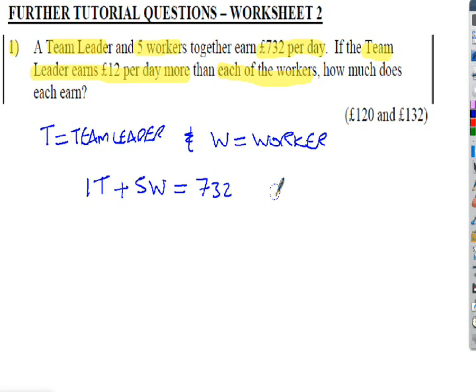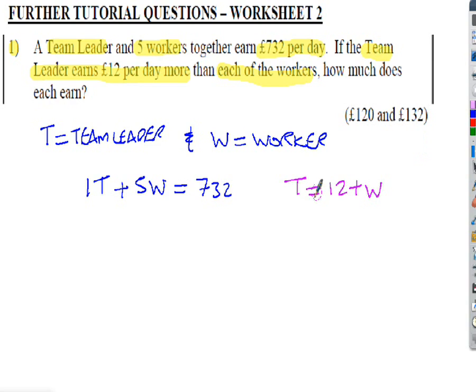So one team leader plus 5 workers earns £732 in the day. I'm also given another relationship that the team leader earns £12 per day more than each worker. So my second relationship could be T is equal to 12 plus W. In other words, the team leader is earning £12 more than the worker.